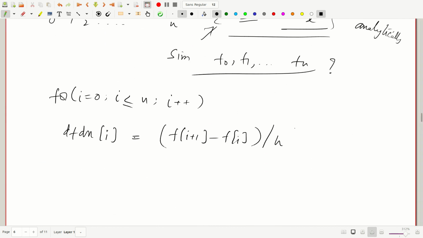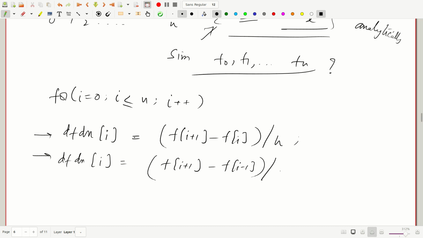This is one way to calculate it, or you could calculate df dx using the central difference formula, that is f of i plus 1 minus f of i minus 1 divided by 2 times h. Now you could do this.